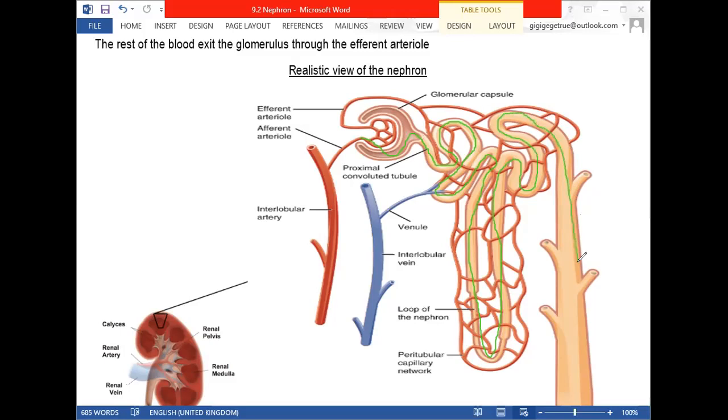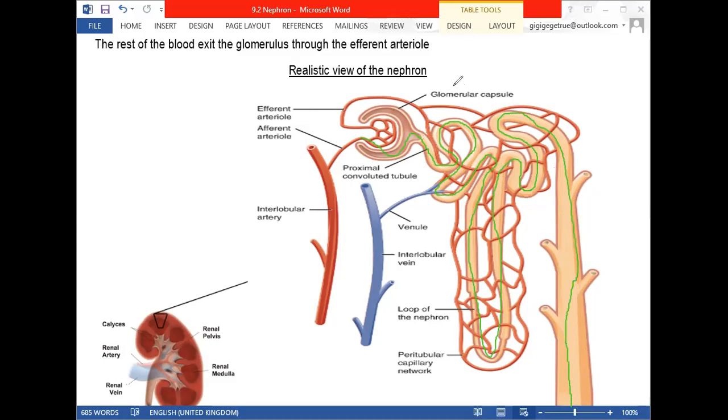And then eventually you become part of the collecting duct, and eventually you go to the renal pelvis, ureter, urinary bladder, and then through the urethra and come out as urine. This is provided you are not reabsorbed.